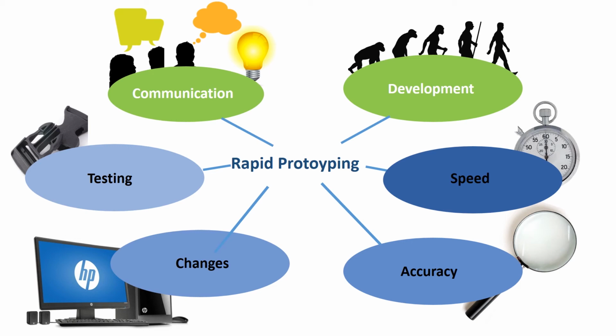Maybe it's a proof of concept. So rapid prototyping is a modelling technique, and it allows us to communicate and develop our ideas, just like any modelling technique. The points that you have to raise specifically to rapid prototyping though are the ones in blue at the bottom. That's speed, accuracy, changes and testing.